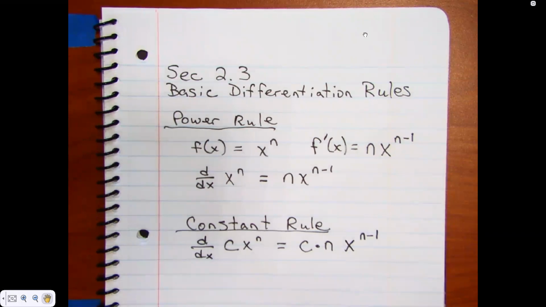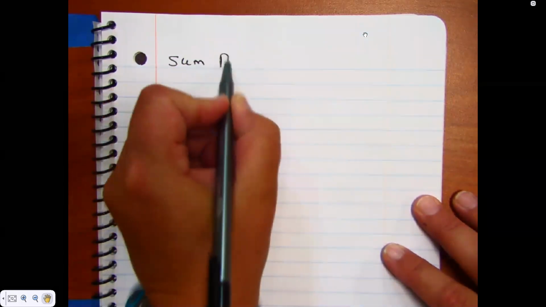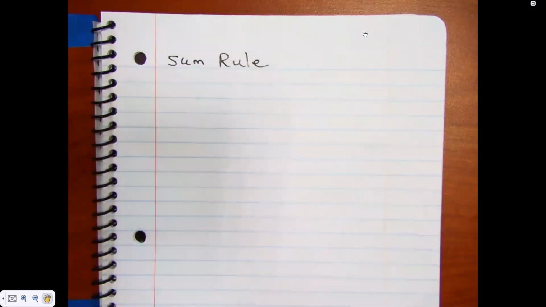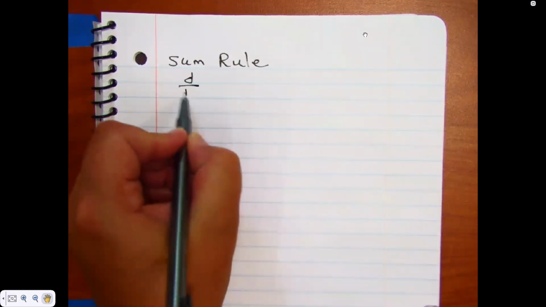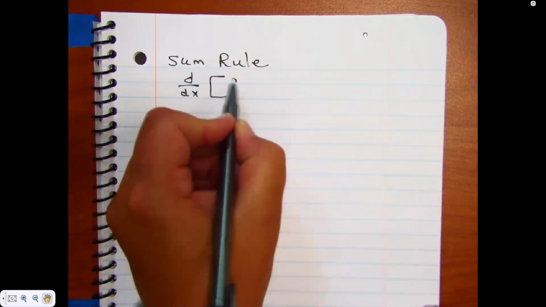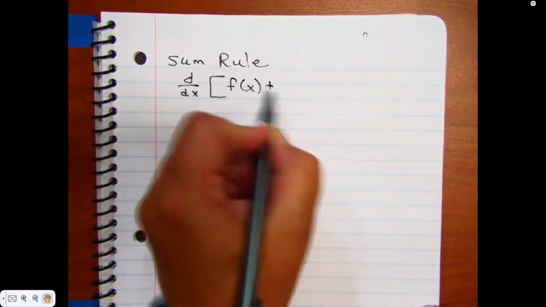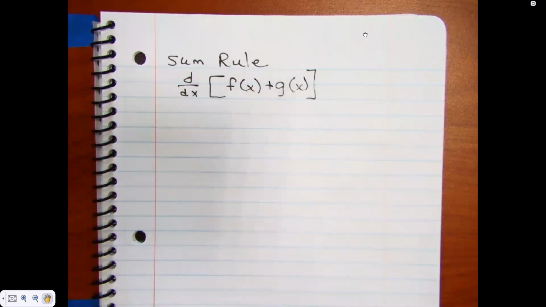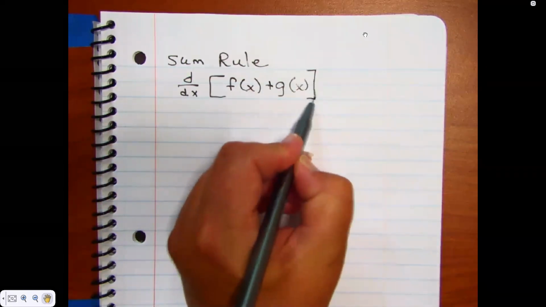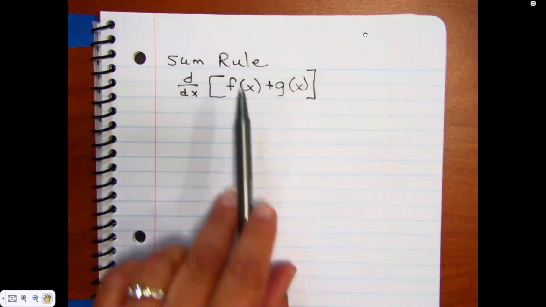So let's go to a new page. All right, so let's go to the sum rule. Should be able to see that, yeah. Okay, the sum rule says, if we're talking about taking the derivative of f of x plus g of x, you can think of this as two separate functions.